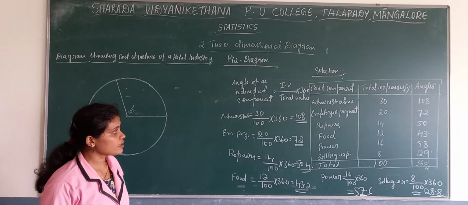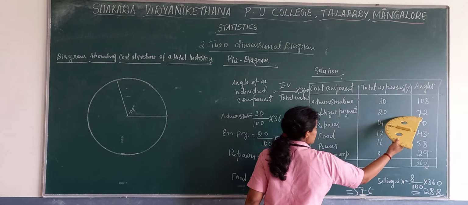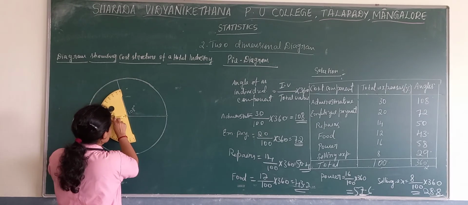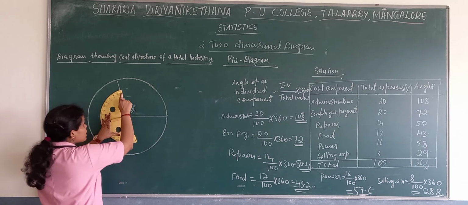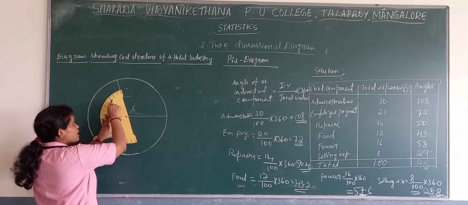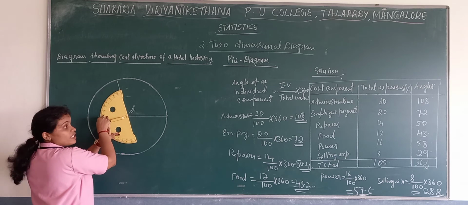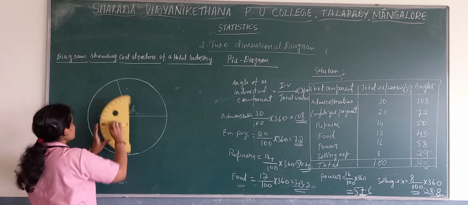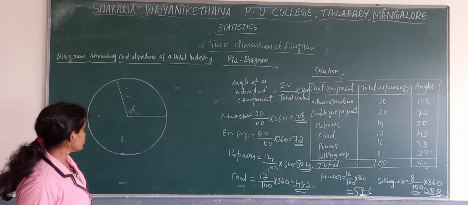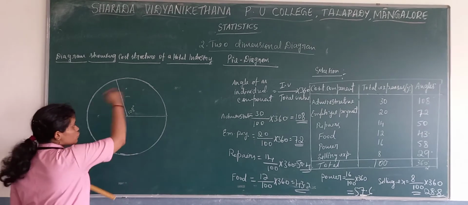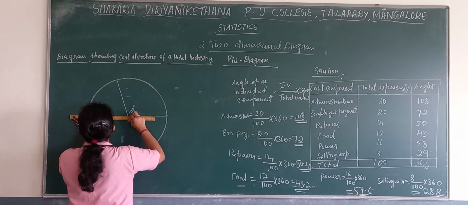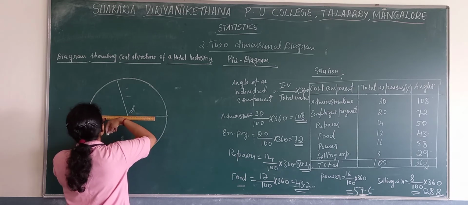Then the next one is employee payment, 72. Where do you have to keep it? Here, where you have stopped. From here: 0, 10, 20, 30, 40, 50, 60, 72. 72 comes almost here. Again, you have to move from your right hand side.